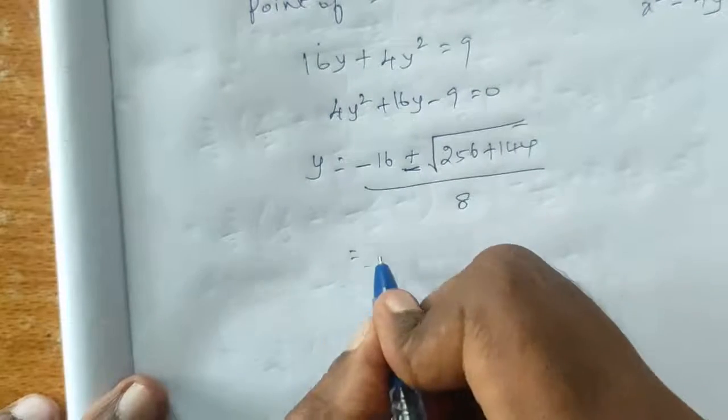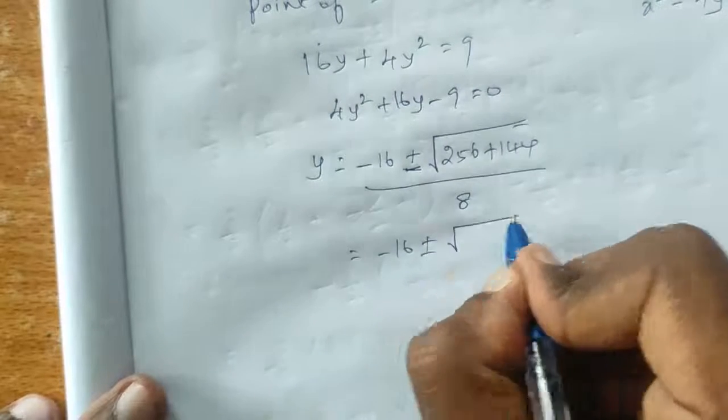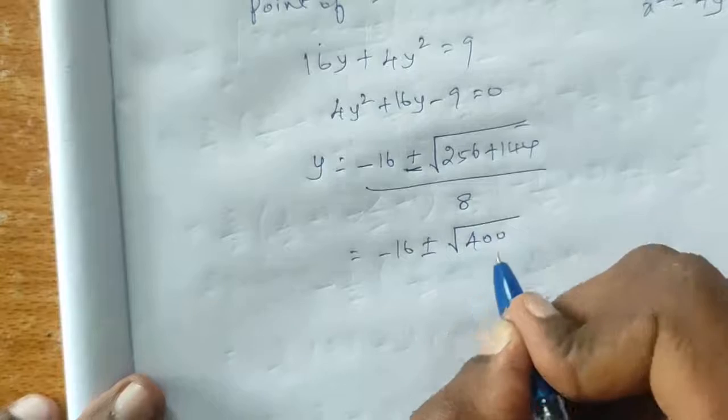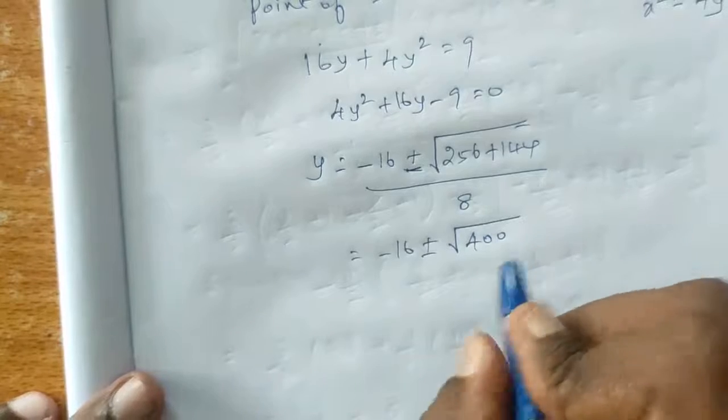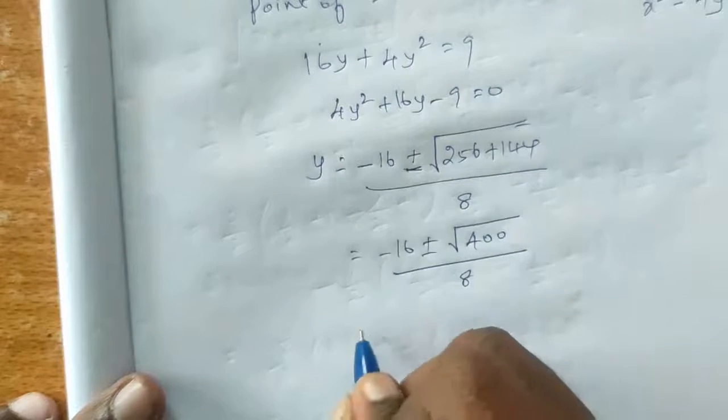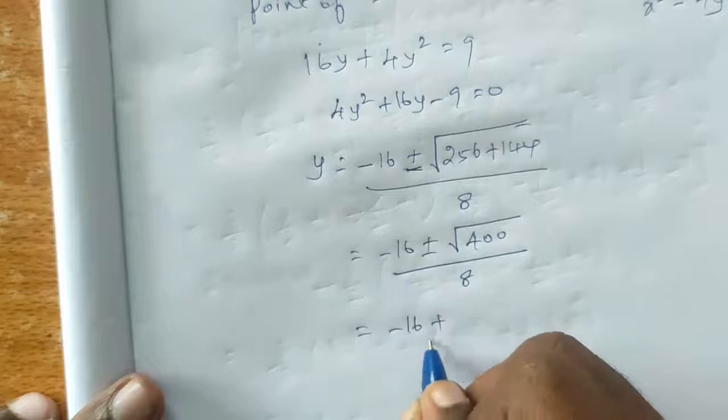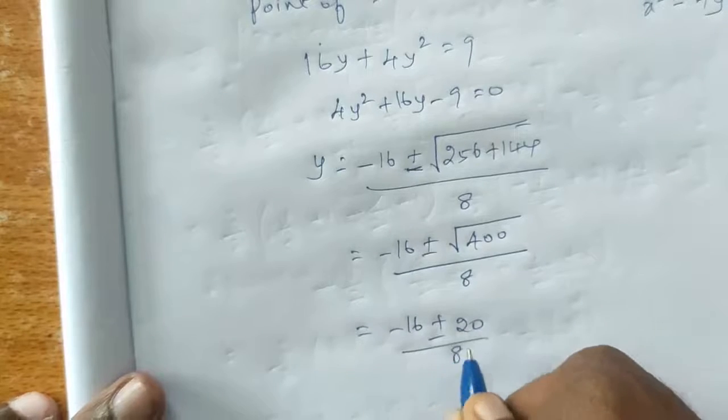Which is equal to minus 16 plus or minus root of 400, 256 plus 144 is 400, by 8. So minus 16 plus or minus 20 by 8.